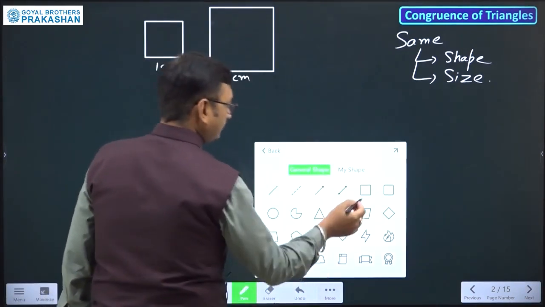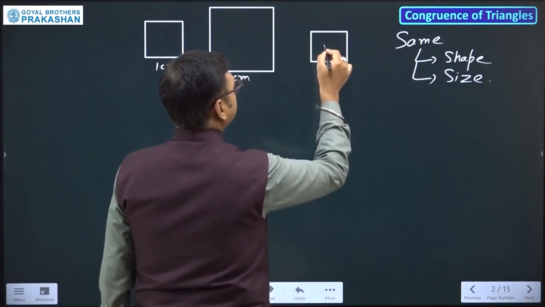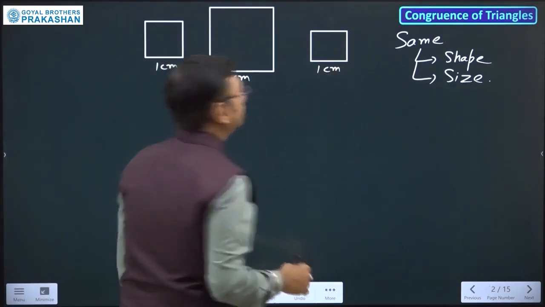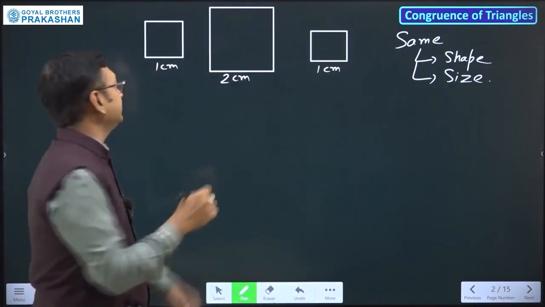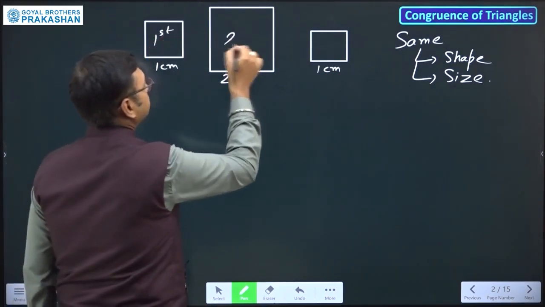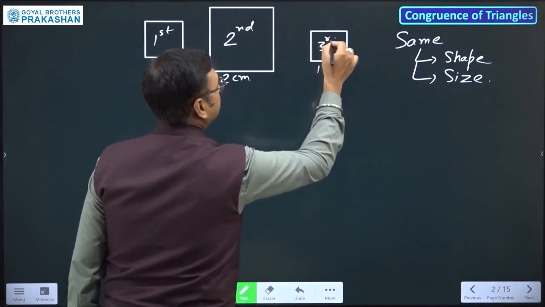And let's say we are having one more square, whose side is again 1 centimeter. Let's say this is the first square, this is the second square, and this one is the third square.